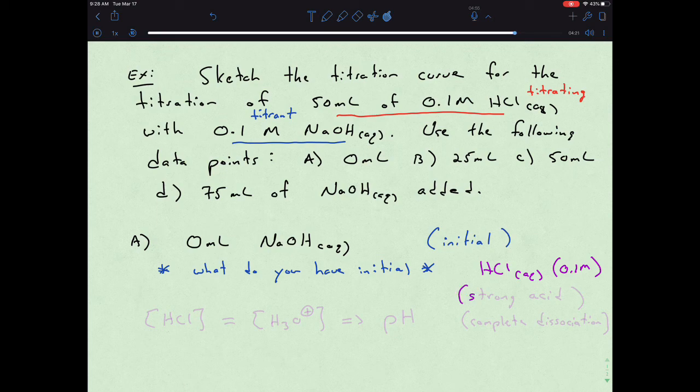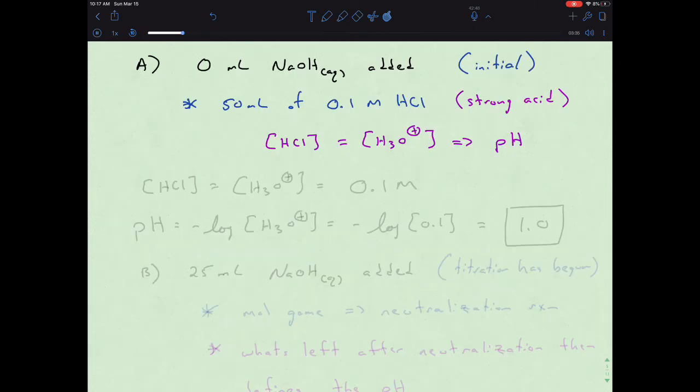So what is HCl? Well, this is a very strong acid, and that also means we have complete dissociation. So if we know our HCl concentration, which we do, remember that is equal to our hydronium ion concentration because of that complete dissociation. And from that, we can get pH. So part A here is really just a strong acid question.